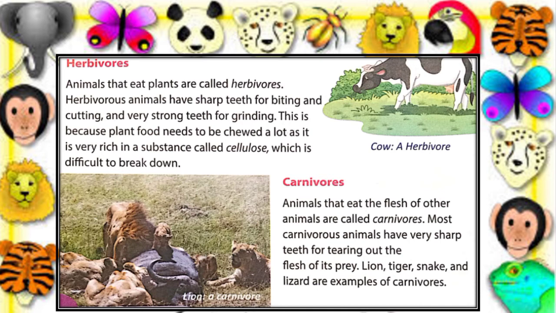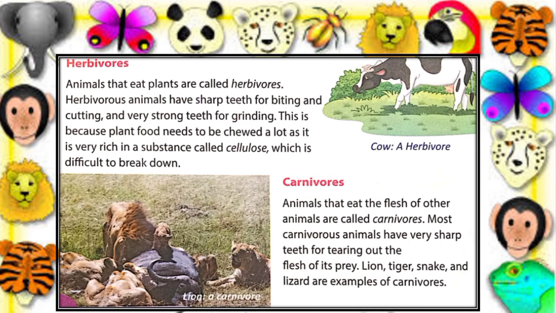Animals that eat plants are called herbivorous, which have sharp teeth for biting and cutting and very strong teeth for grinding. This is because plant food needs to be chewed a lot, as it is very rich in a substance called cellulose, which is difficult to break down.